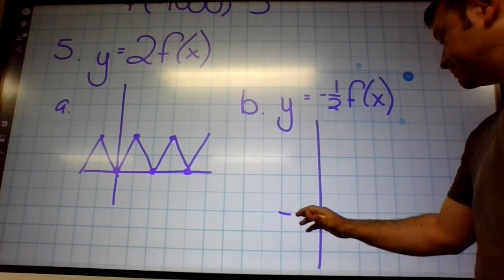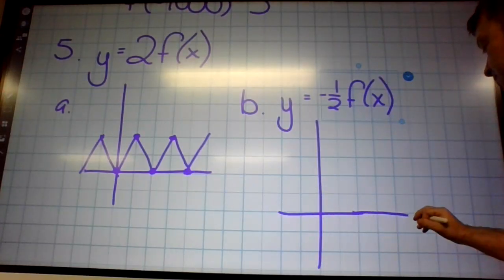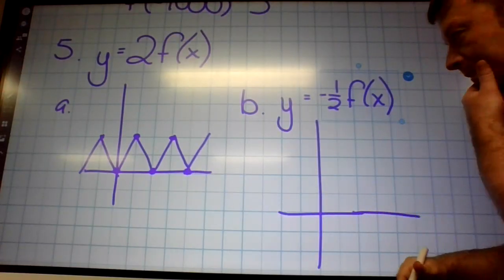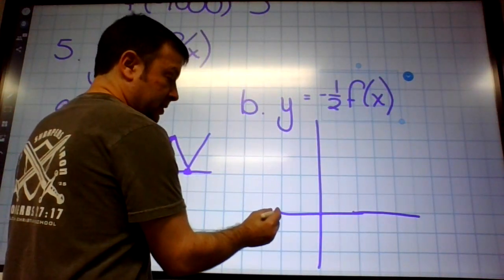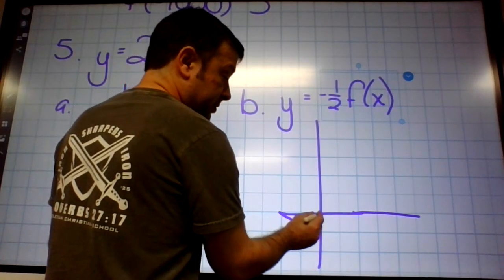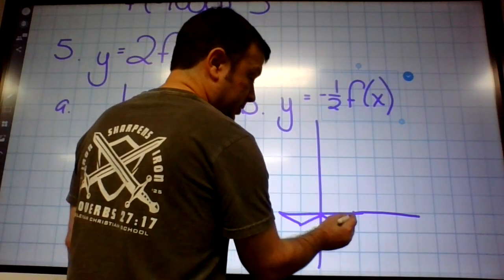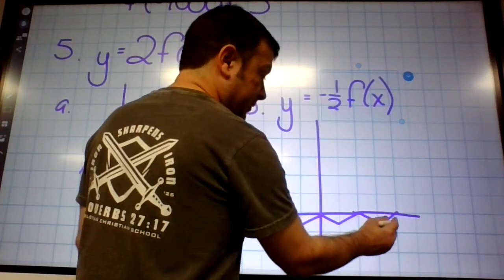So it's going to be upside down and half as tall. So instead of going to 1, it'll go to -1/2.